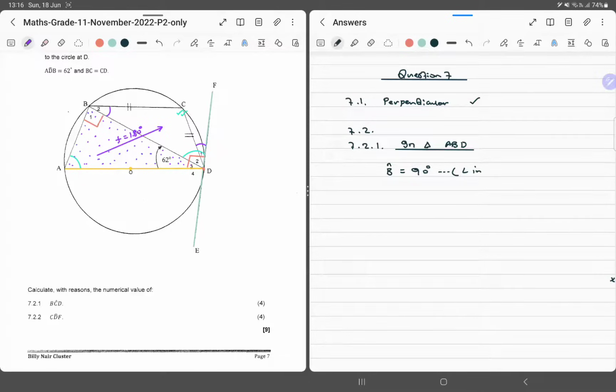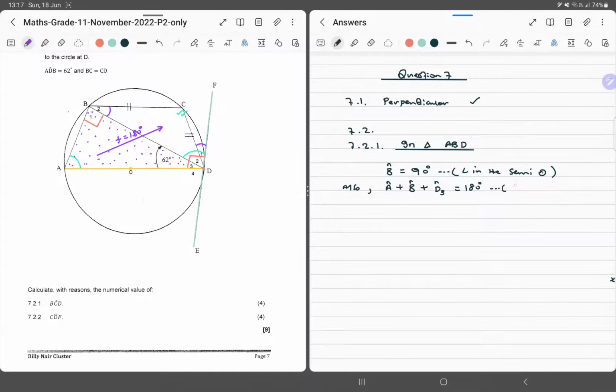This is the angle in the semicircle. Now we also know that angle A plus angle B plus angle D3 is equal to 180 degrees.